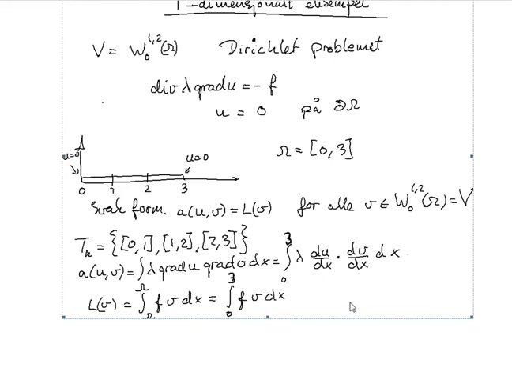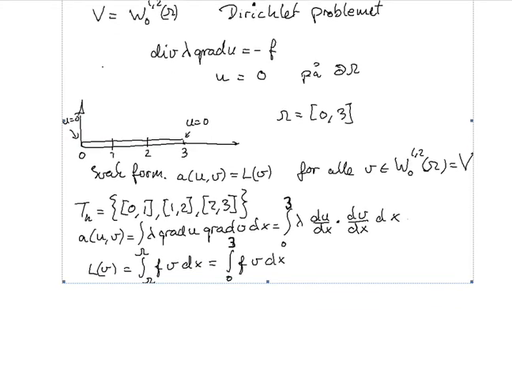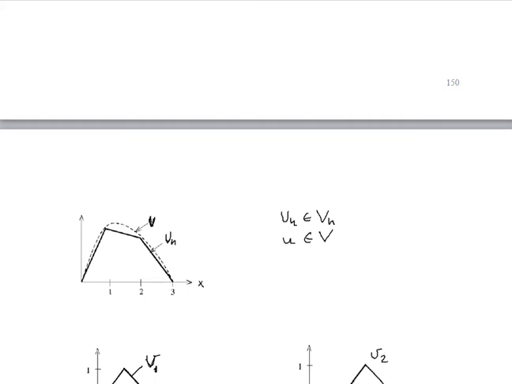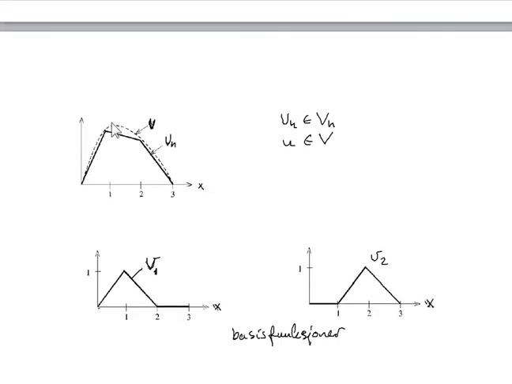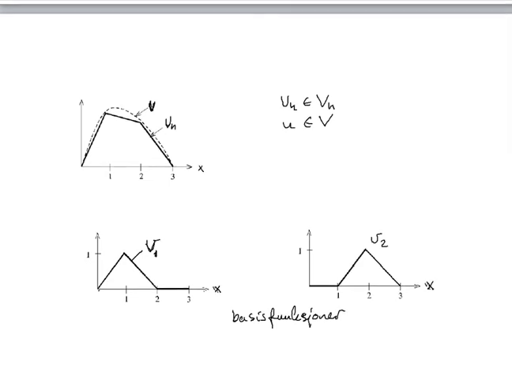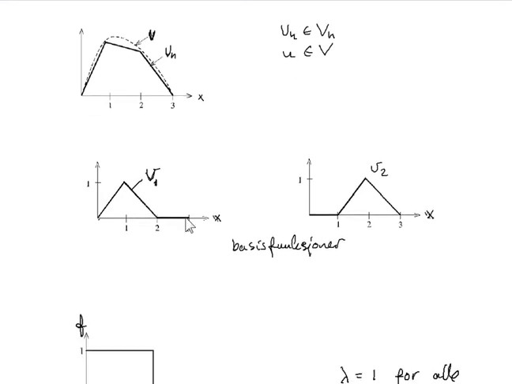So let us now show what kind of basis functions we are using in the finite dimensional space. Here we see the solution U. This is the solution of our problem, and we want to approximate it with the finite element solution U_H. This U_H is an element of the finite dimensional space V_H, which in this case is only a two-dimensional space, because we are using these kinds of basis functions.